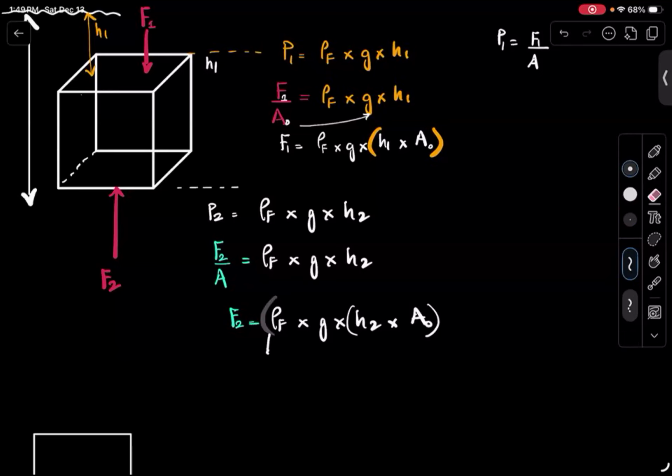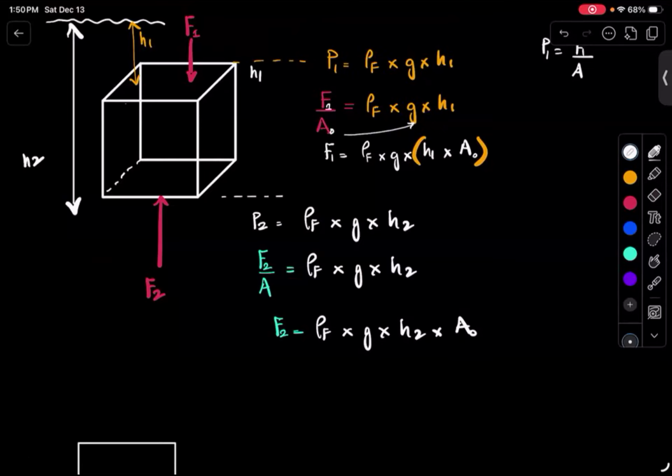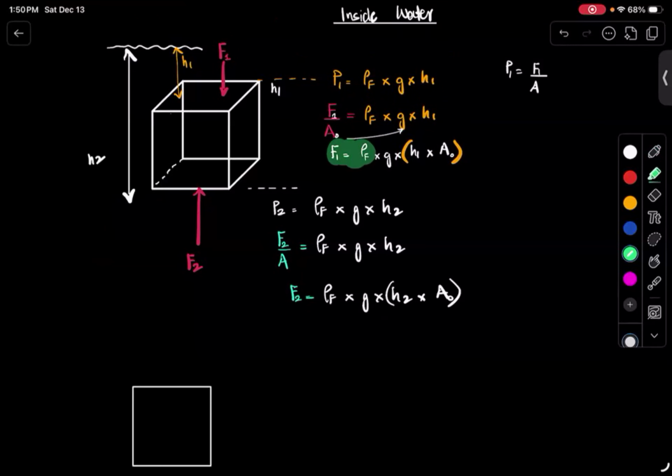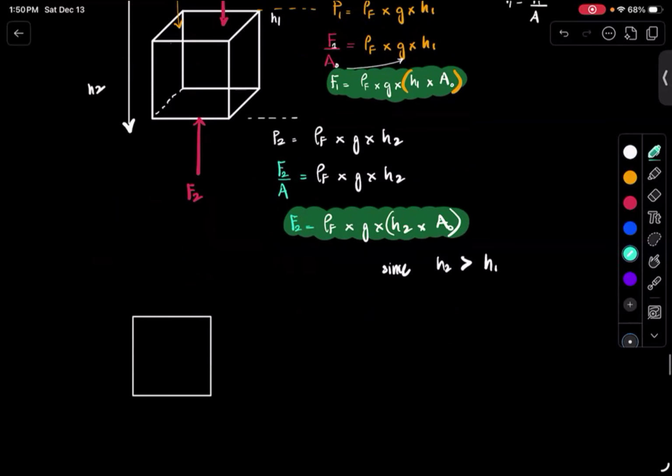Okay. Now you can clearly see that everything else is the same, right? Everything else is the same. Only H2 and H1 are different, right? I can clearly see from these two expressions that since H2 is greater than H1, F2 will always be greater than F1.